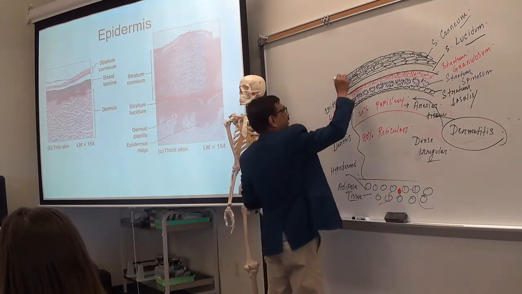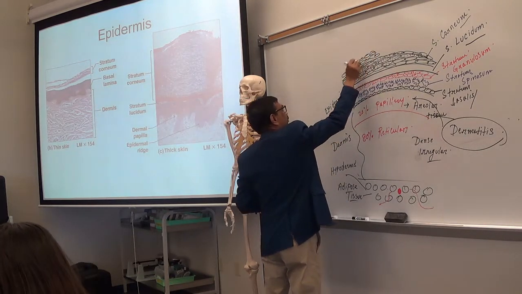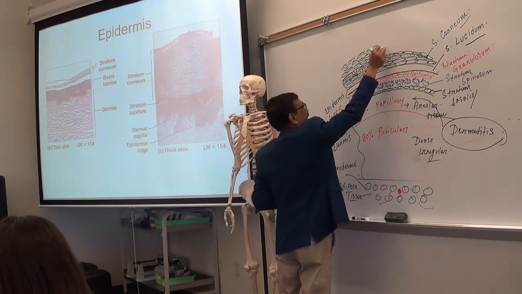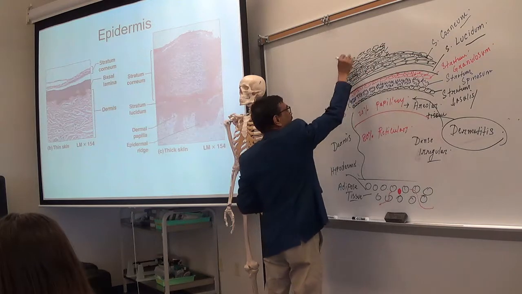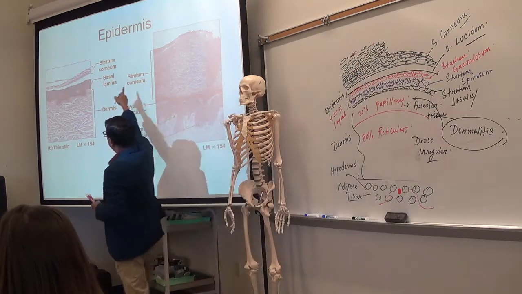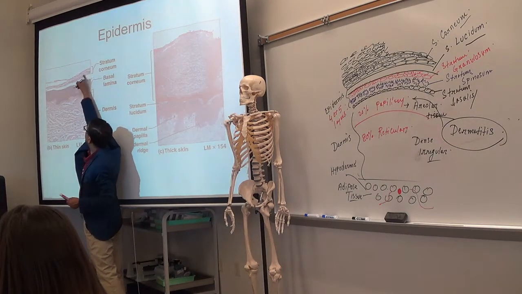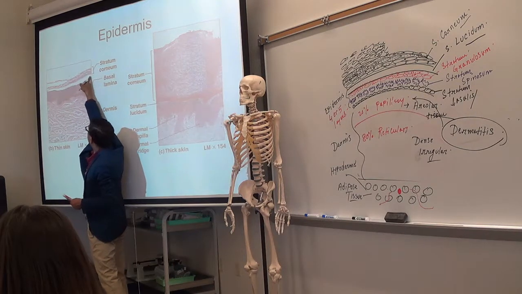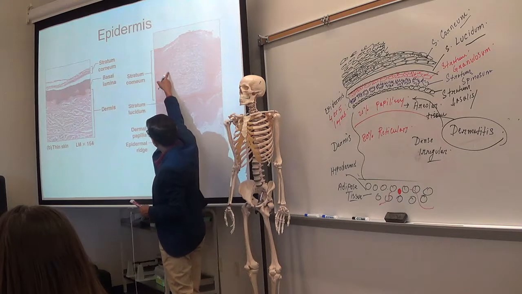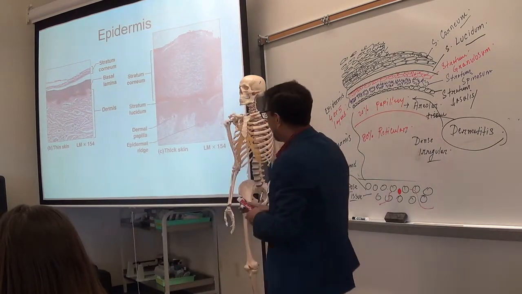In thick skin, it is very thick. So here you see, this is the stratum corneum, the stratified squamous layer of thin skin, and this is the stratified squamous layer of thick skin. It is much thicker than the thin skin corneum.